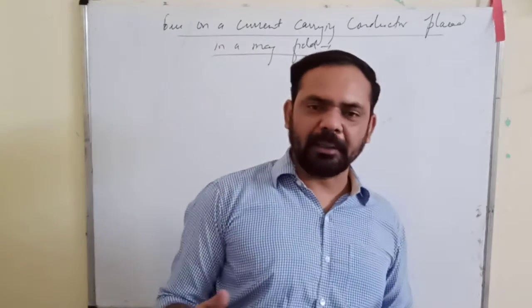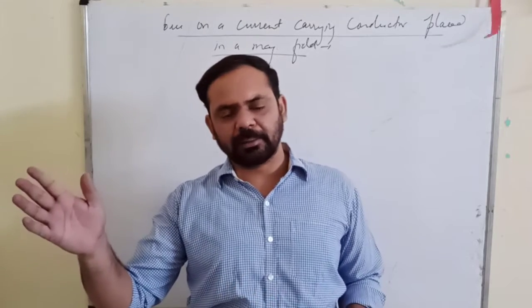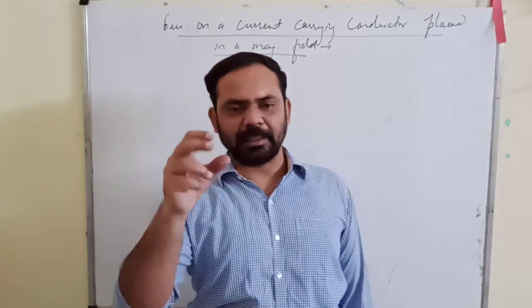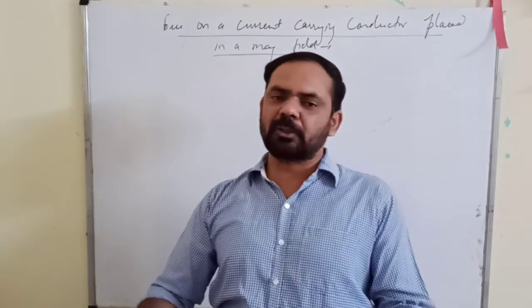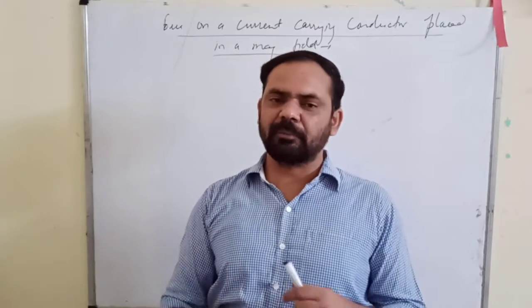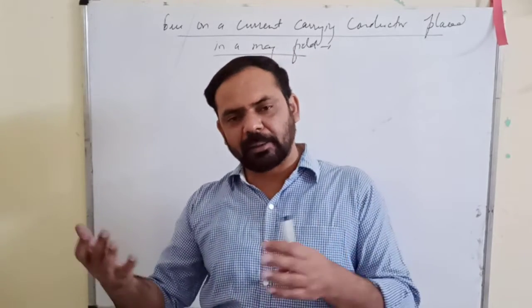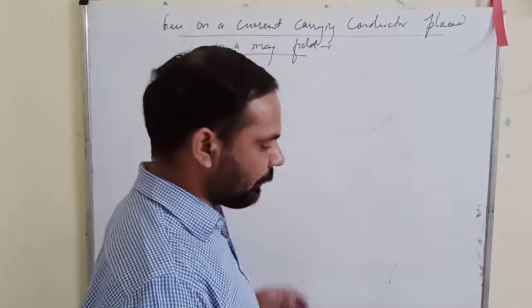Now suppose current is flowing through a conductor, which means charges are flowing through the conductor. If that conductor is placed inside the magnetic field, then the force will be experienced by all the moving charges. In other words, there will be some force experienced by the whole conductor. That expression we are going to find out now.